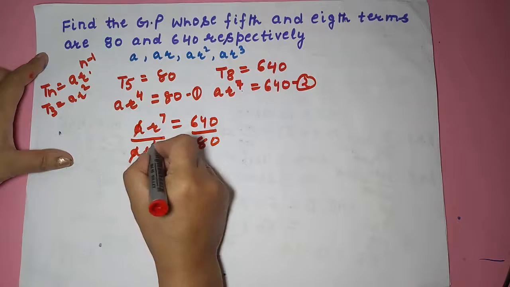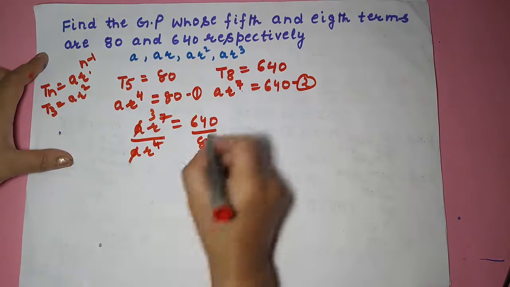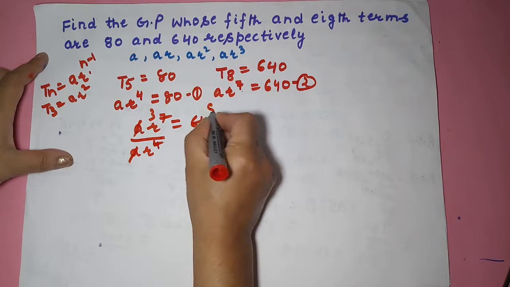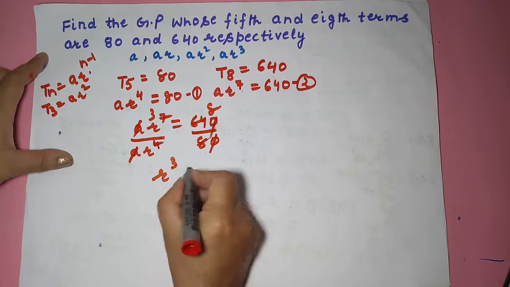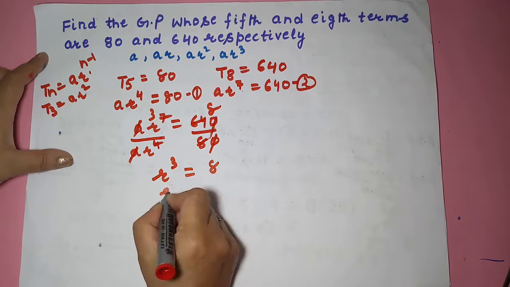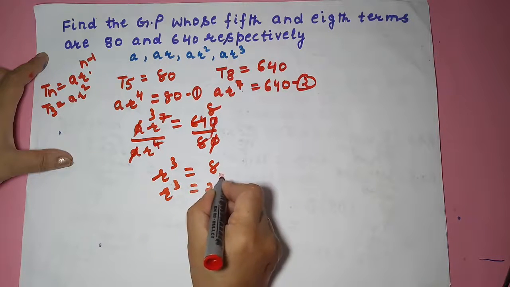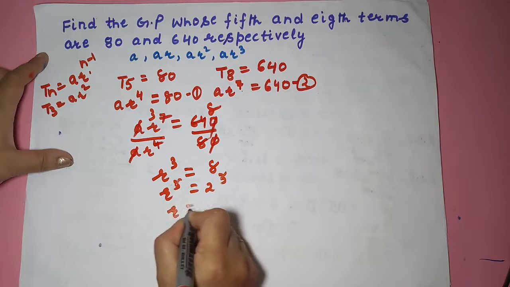A and A will go, and I'm left with R cubed, and 640 divided by 80 is 8. So R cube equals 8, which is 2 cube. Cube and cube will go, so R is 2.